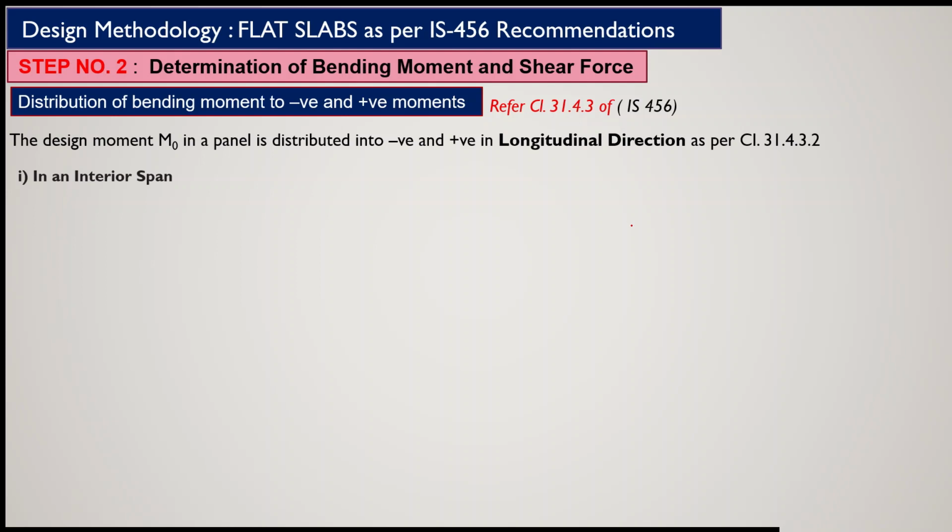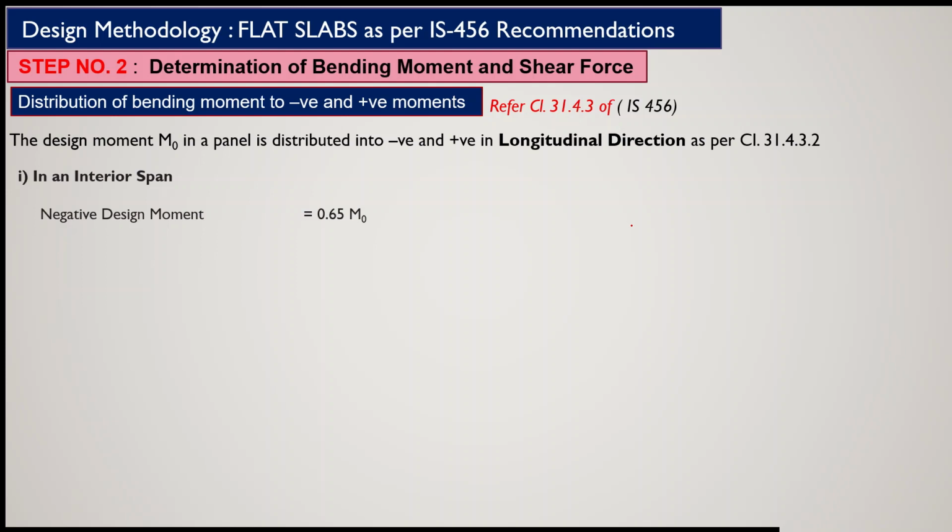First of all, in an interior span, span by span we will be distributing. In an interior span, the negative design moment value will be taken as 65% of the total design moment.